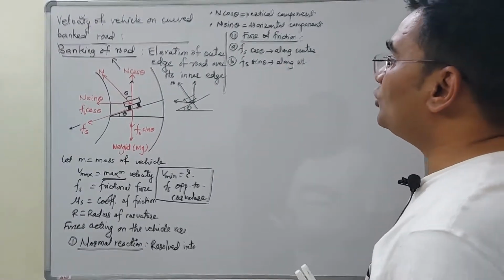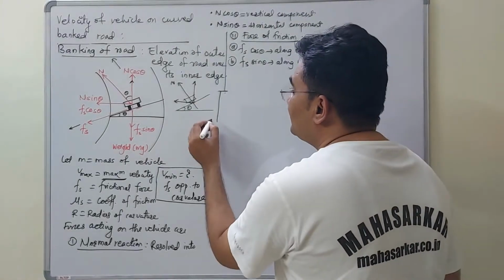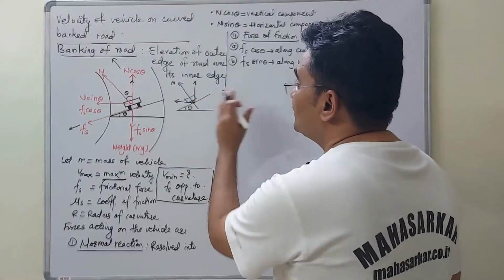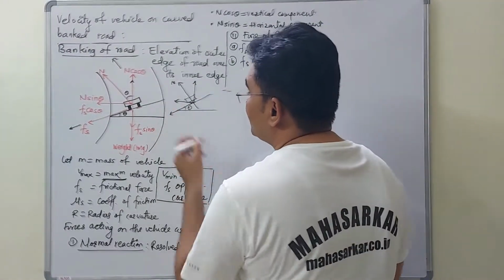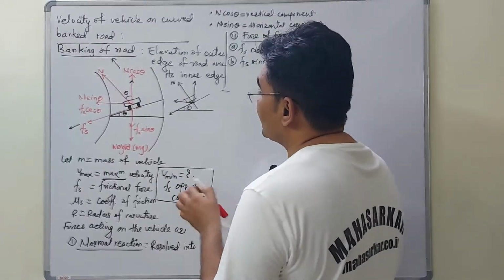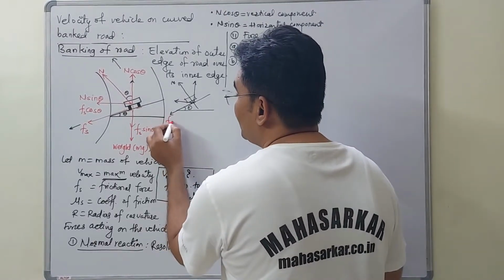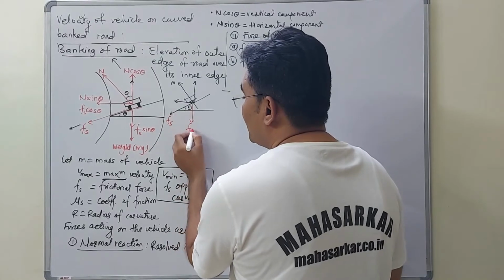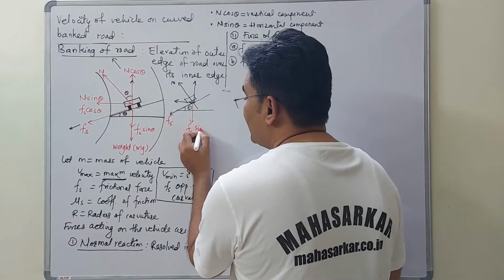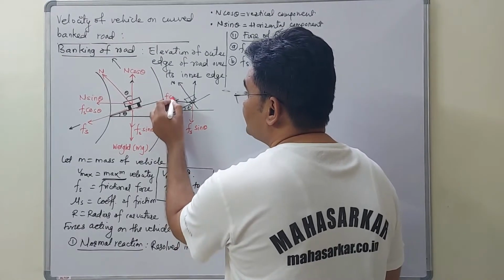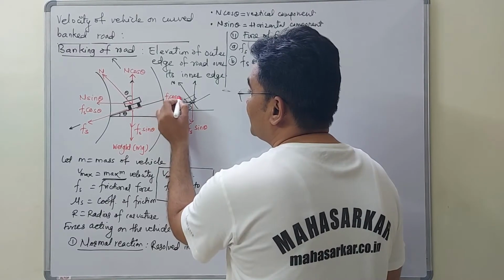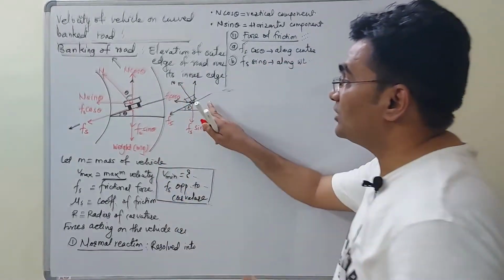Now what logic are we going to apply? Everywhere, to produce circular motion, if this is the force of friction, then that force of friction is again resolved into two components, Fs sin theta and Fs cos theta. The same diagram can be represented in short like this.